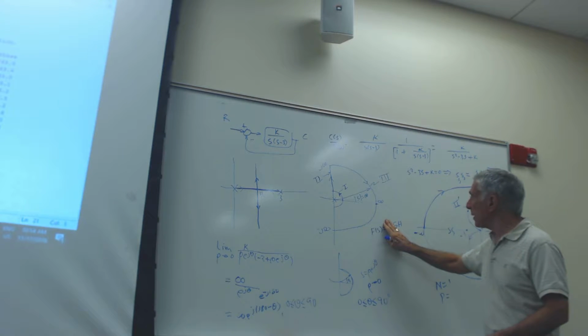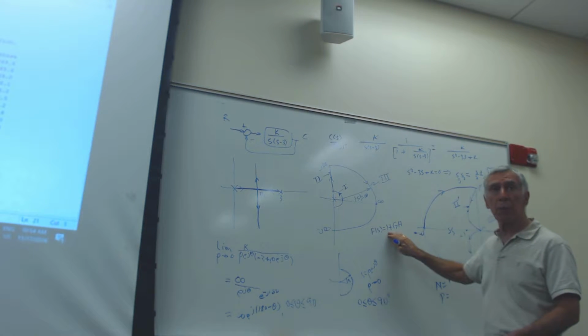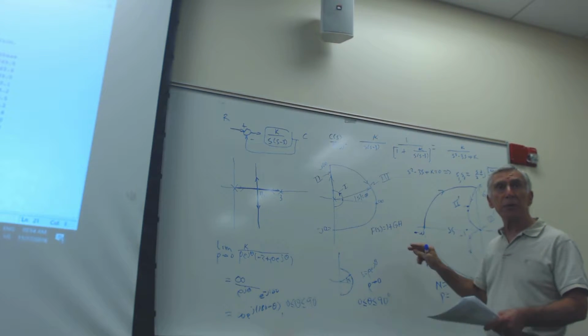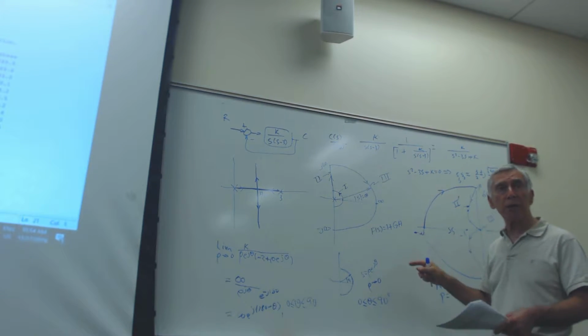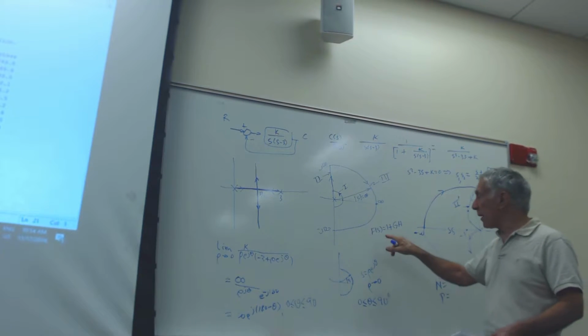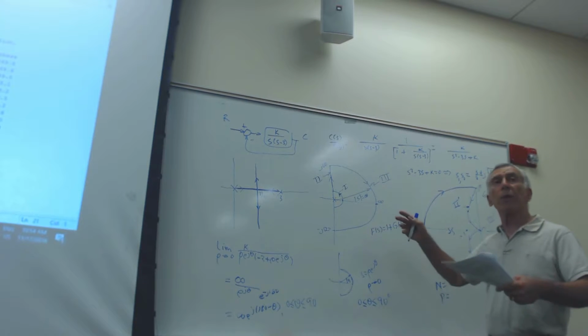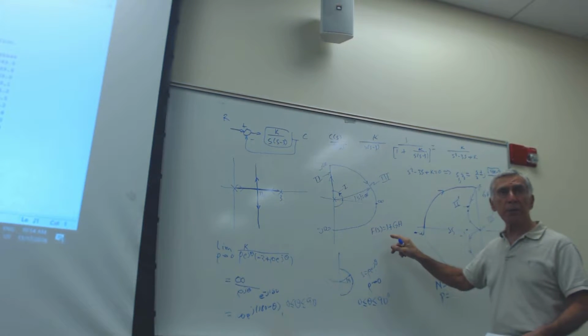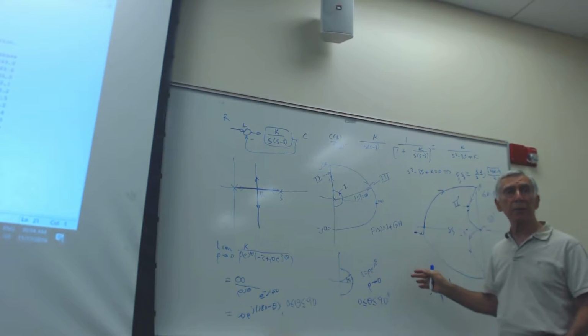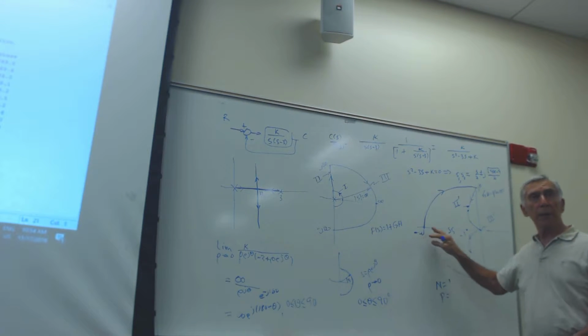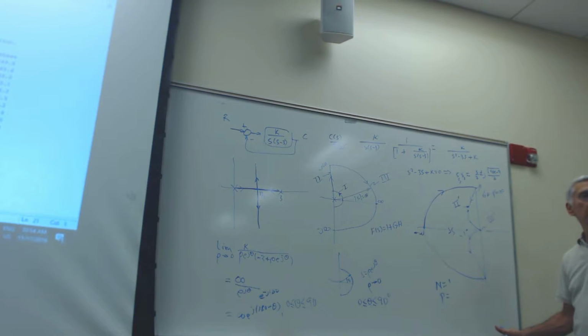Dealing just with GH, the difference is minus 1. In other words, GH equals F of s minus 1. So instead of counting encirclements about the origin of the F of s contour, we're going to count the encirclements about the point minus 1 of GH, the open loop transfer function. So it goes back to the mapping theorem.